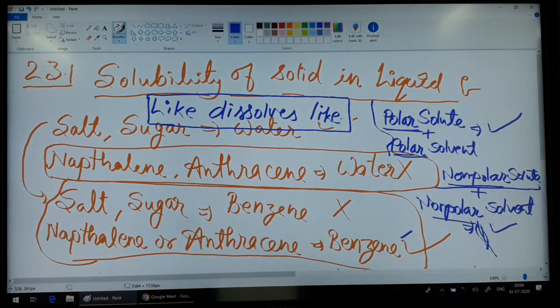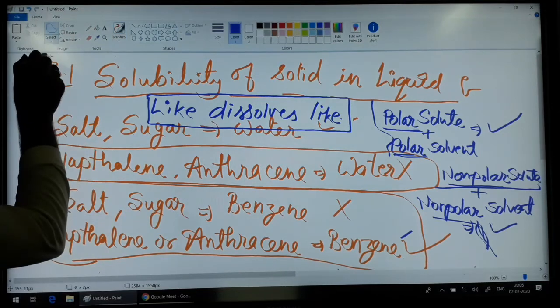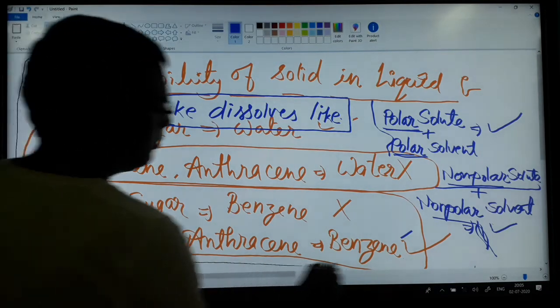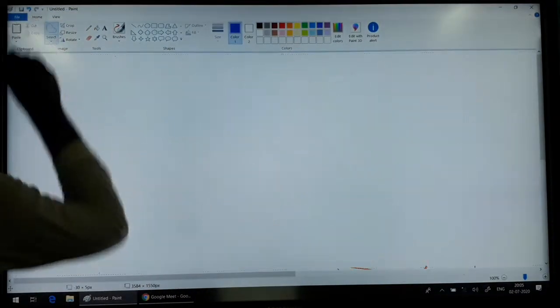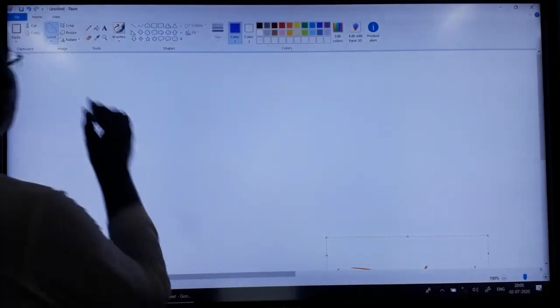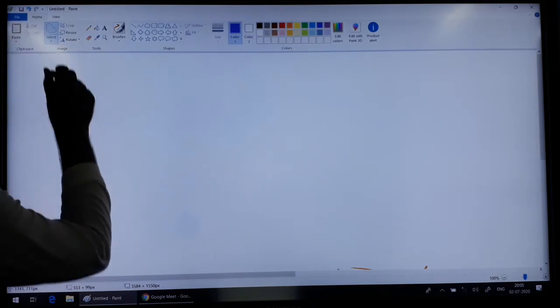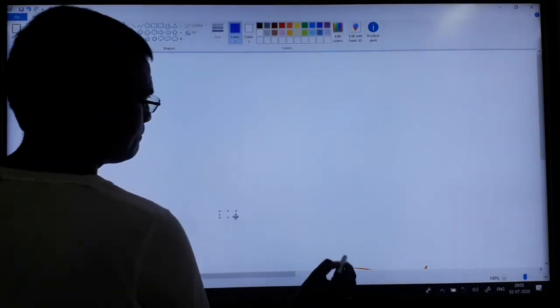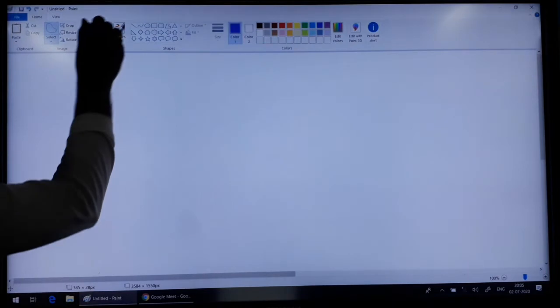Now some of you may ask what is the meaning of polar and non-polar? Very important. The concept of polar and non-polar, you should know. You should learn what the concept is.